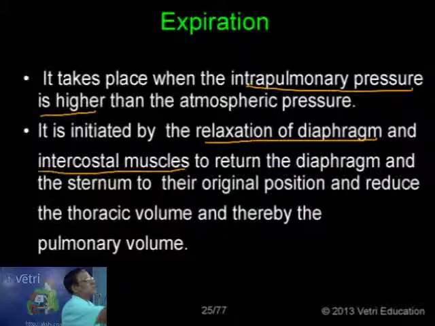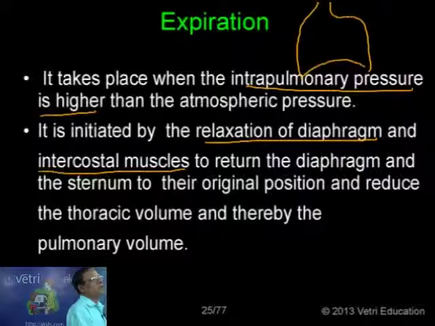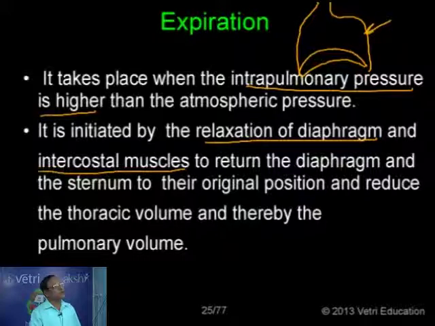The net result is bringing the thoracic cage and the diaphragm to their original position. Once again, the diaphragm reaches its dome-shaped structure, and the sternum is brought back so that the chest cage is brought to its original position. That is what I mentioned here: to return the diaphragm and the sternum to their original position.